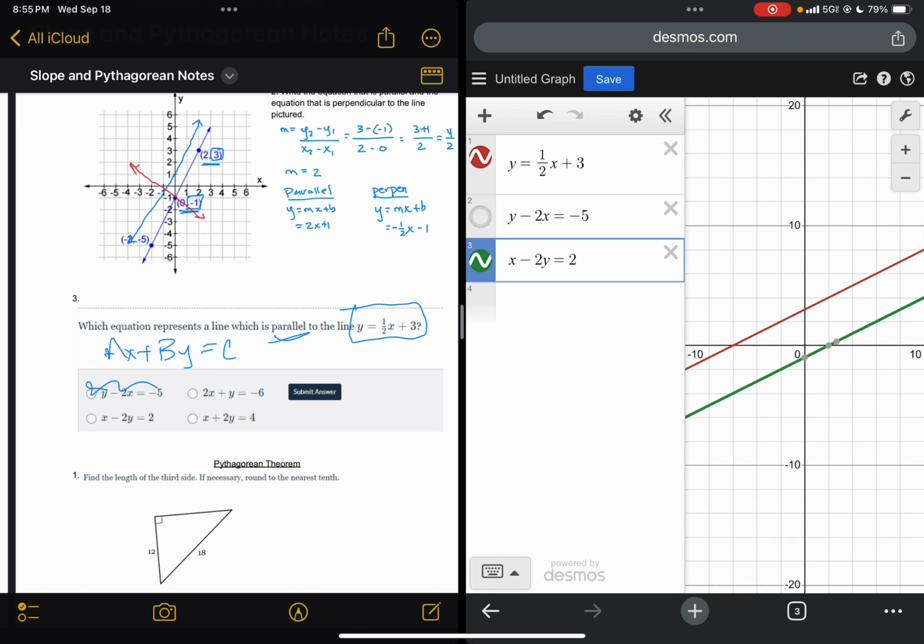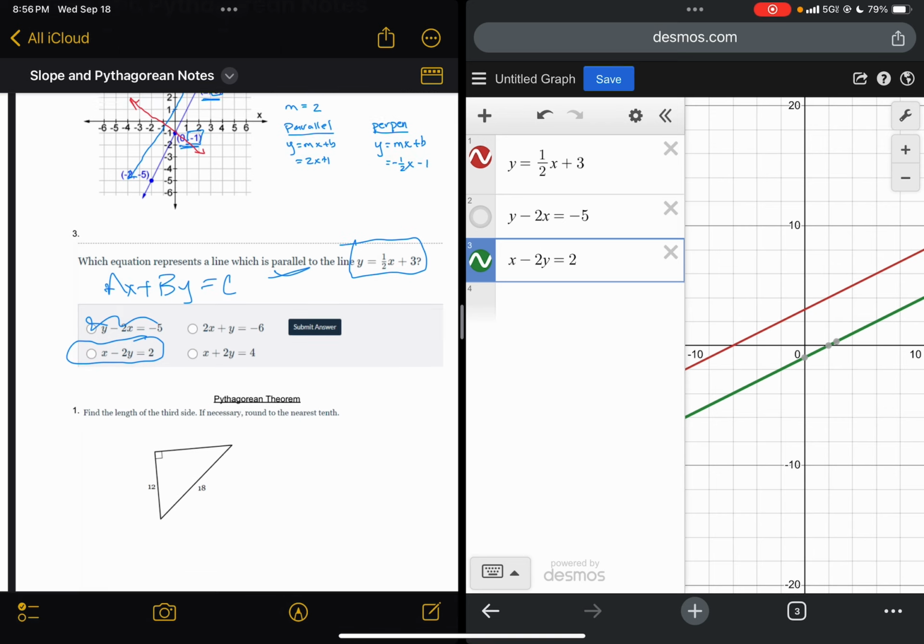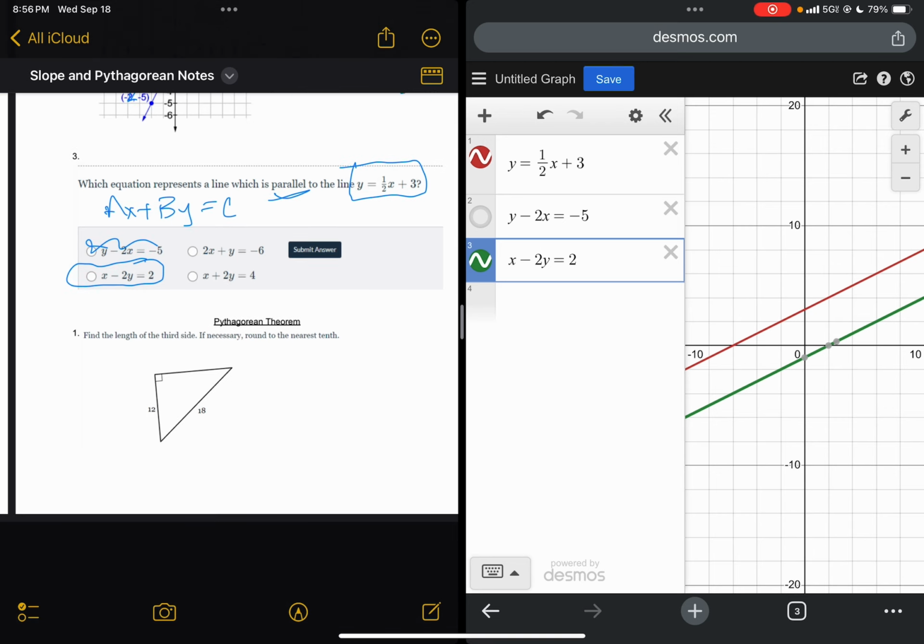I'm going to take the blue one off. Is that parallel to my red line? Yes, it is. So that is my answer choice. While in algebra we learned how to go from standard form to slope-intercept, I'm not asking you to do that. What I'm asking you to do is be able to use your resources and say, okay, this is what I have.